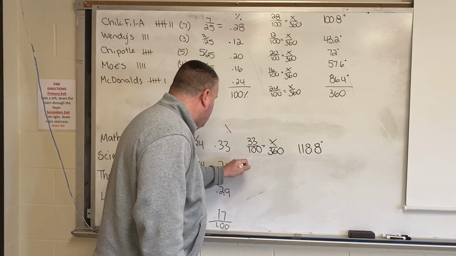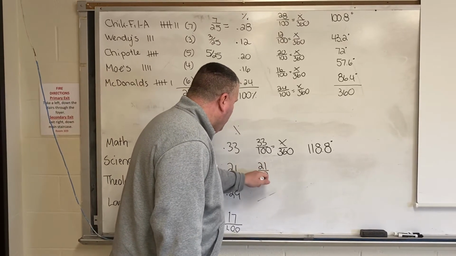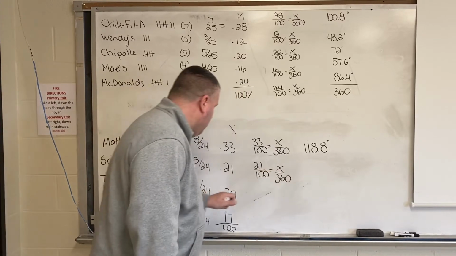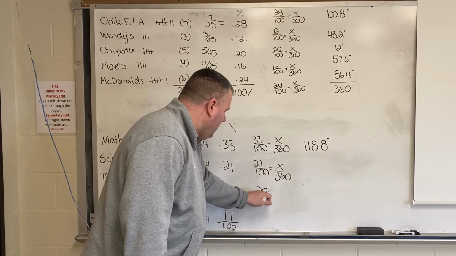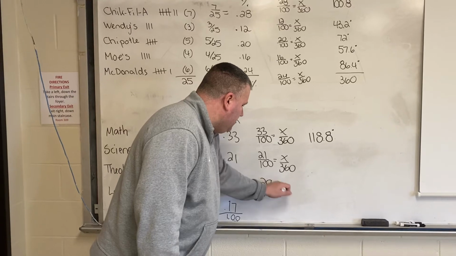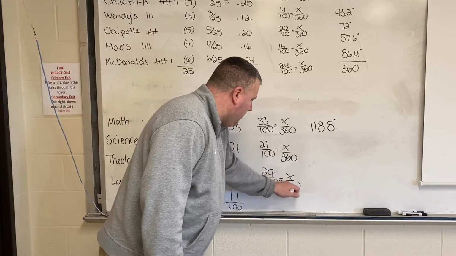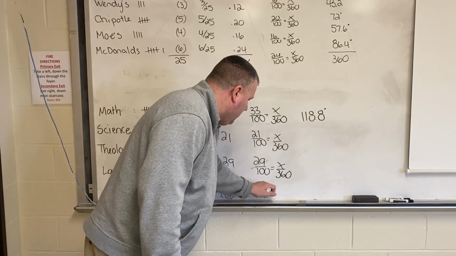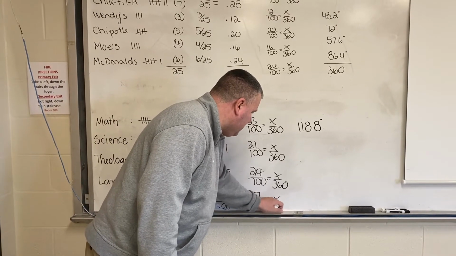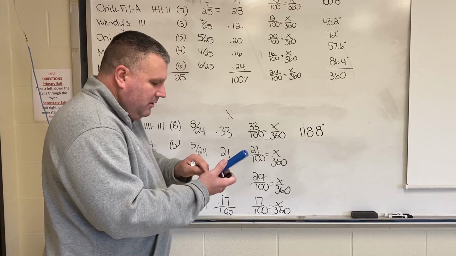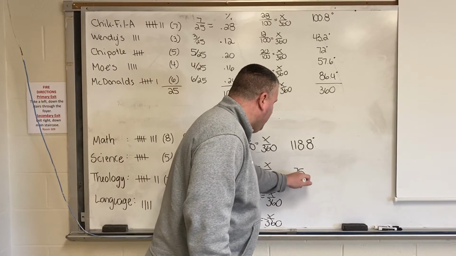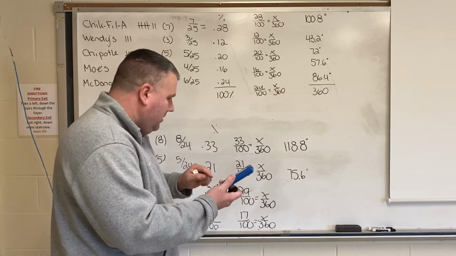21 over 100 is equal to x over 360. 29 over 100 is equal to x over 360. And 17 over 100 is equal to x over 360. I'm going to quickly calculate the degrees. It's 75.6 degrees.